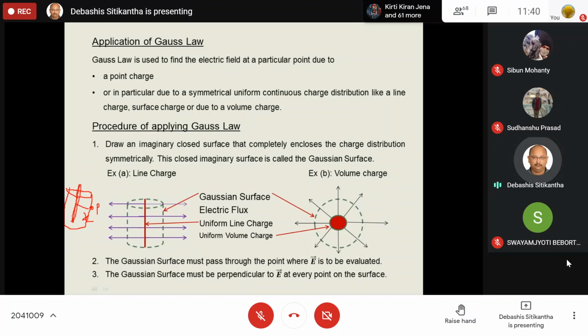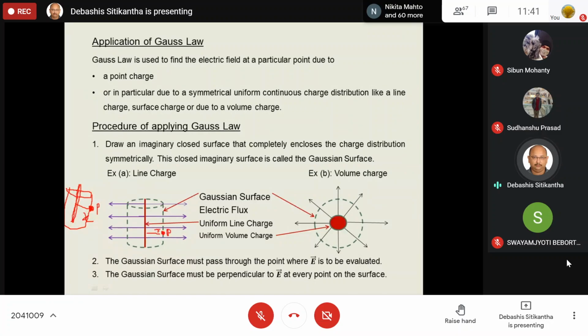Now suppose I want to evaluate the electric field at the point P. Then remember this Gaussian surface must pass through the point P. Suppose I want to evaluate the electric field at this point P, which is at a radial distance of r from the straight line.